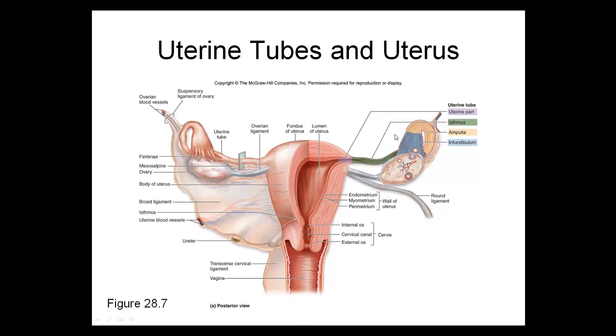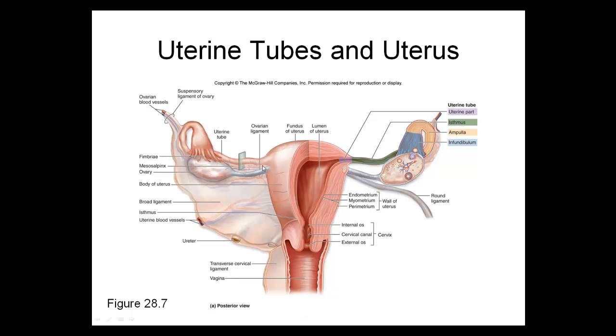So once again, we have the fimbriae, and then we have the infundibulum, the ampulla, the narrow part that we called the isthmus, and then the uterine part, and that will be constituting your ovarian tube.